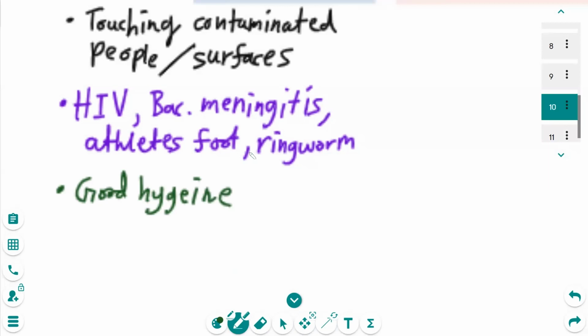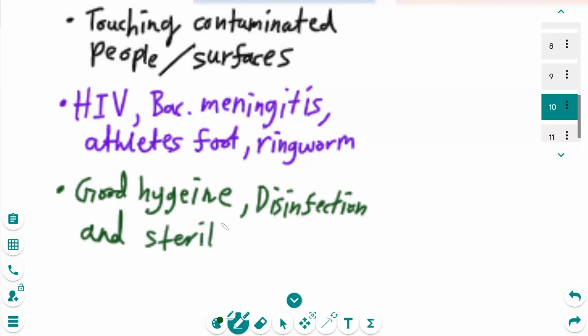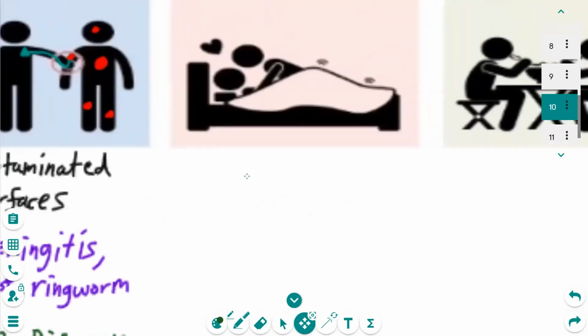Cleaning, so using disinfectant, disinfection, and sterilization as well. I don't know if that's how you spell hygiene. No, it's not. Okay. But who cares? Anyway.